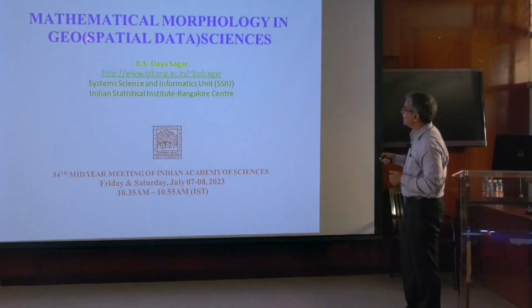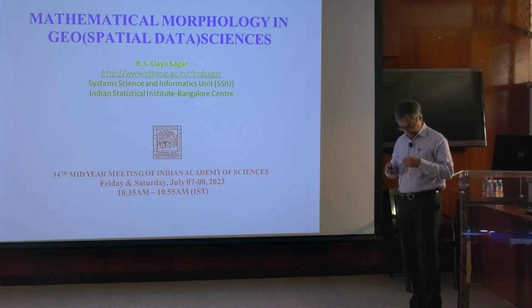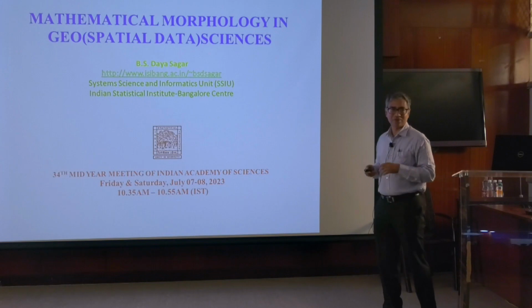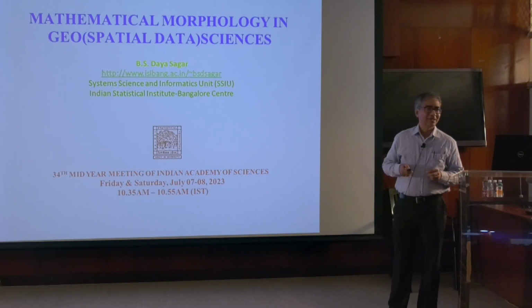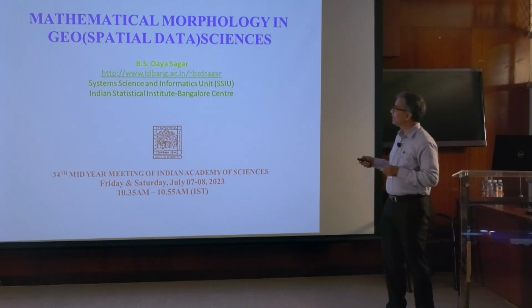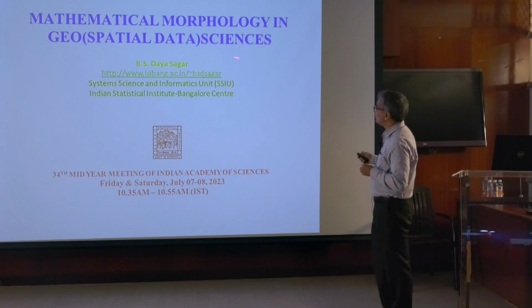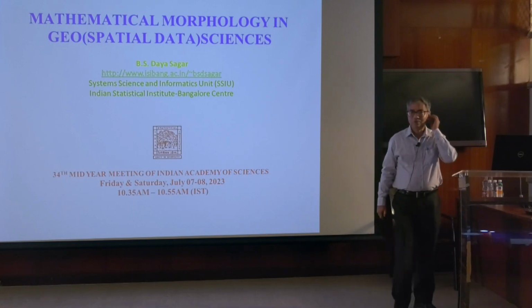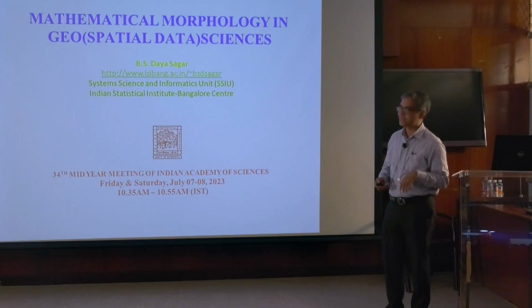Today I talk about mathematical morphology in geosciences and geospatial data sciences. Geospatial data sciences is also called geographic information science. In these fields, we encounter many different geometrical structures.